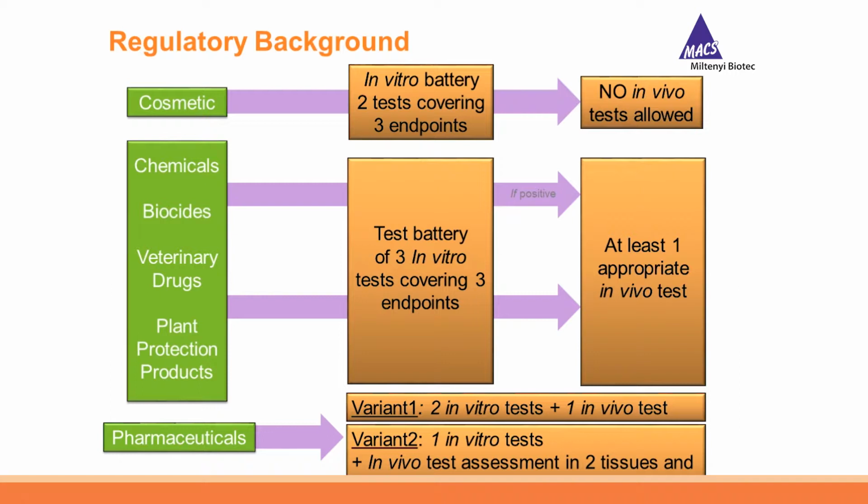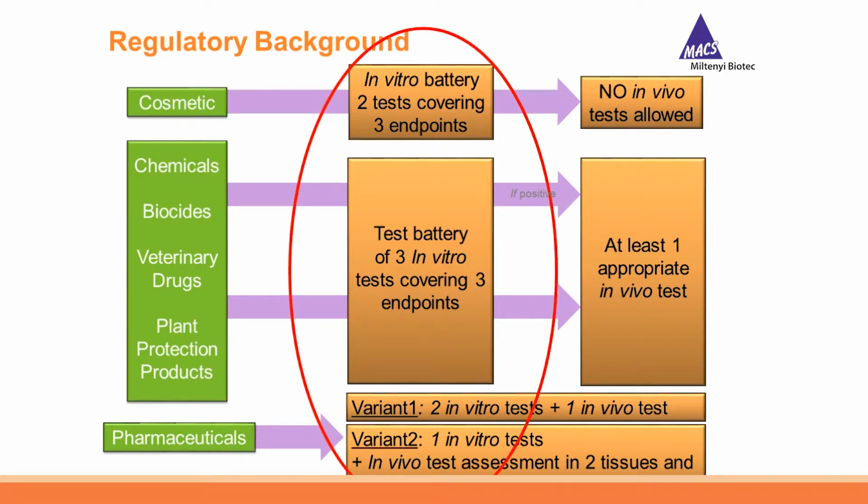In case of chemicals, biocides, veterinary drugs, or plant protection products, the regulatory requirements foresee to cover multiple endpoints by in vitro testing. Especially in case of biocides and industrial chemicals, a clearly negative result of this test impedes further in vivo testing. The regulation for pharmaceuticals as well foresees in vitro testing in combination with in vivo testing.